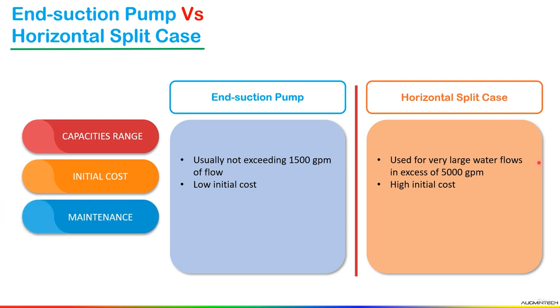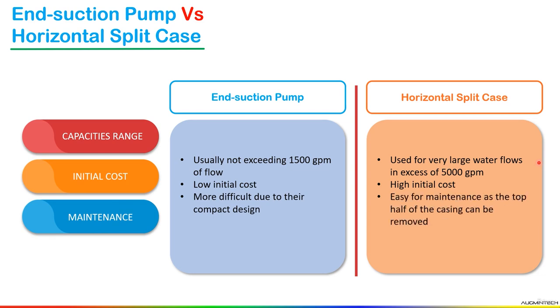Okay. Now about maintenance. When you see this end section pump, maintenance is more difficult due to their compact design. But in the horizontal split case pump, it is easy for maintenance as the top half of the casing can be removed.